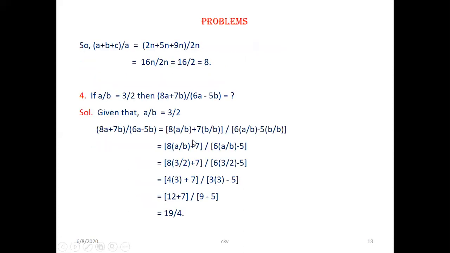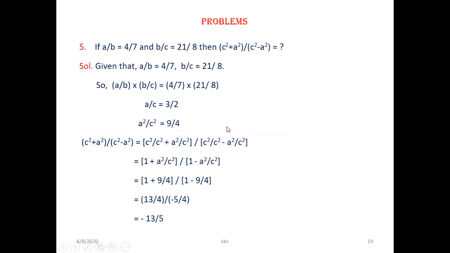Like in the previous case, to get 8a plus 7b by 6a minus 5b, to make use of a by b, I had to divide with b because b is the denominator. Here also, because a square by c square is known to you, and c square is the denominator, you take this fraction c square plus a square by c square minus a square, and to make use of the one in the hypothesis, you divide the numerator with c square and the denominator with c square.